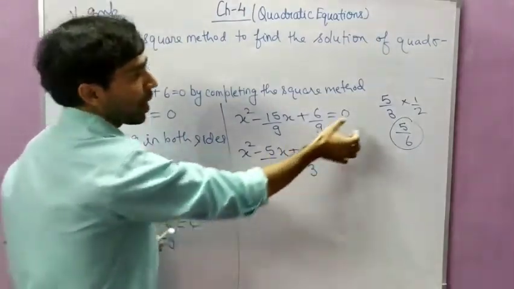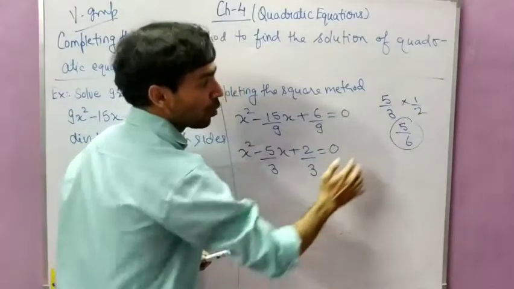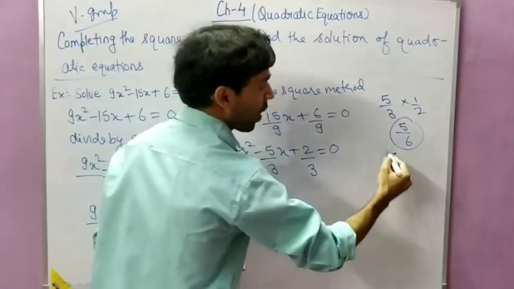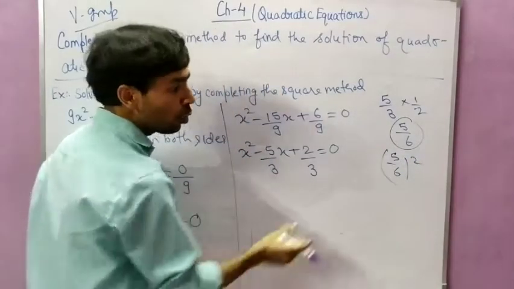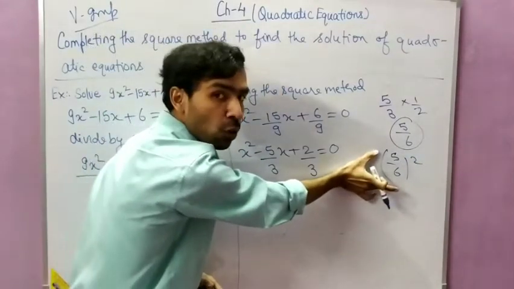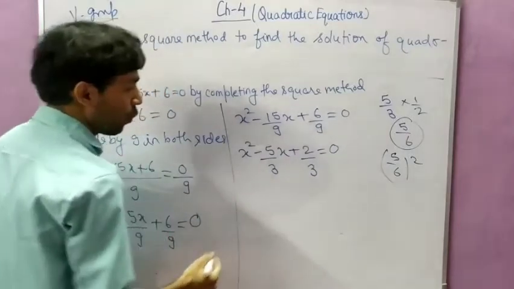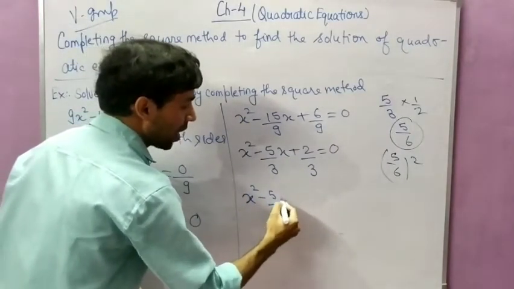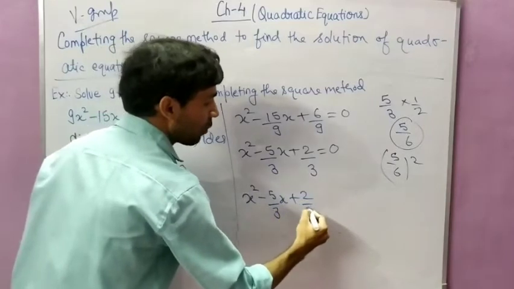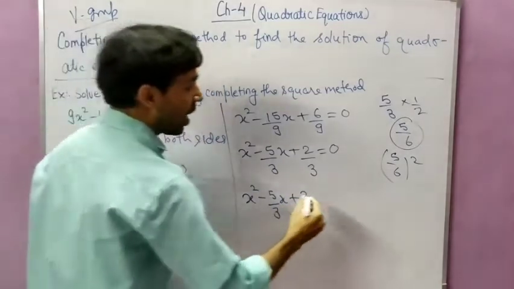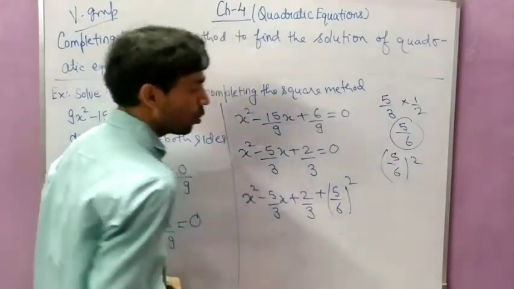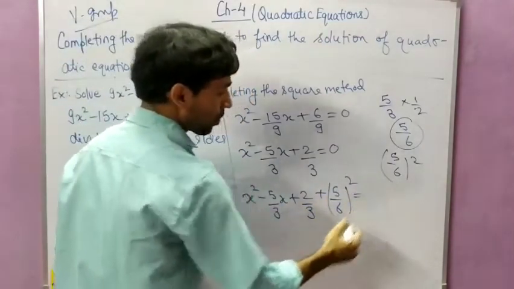So after multiplying 5 by 3 to 1 by 2, we got 5 by 6. Now take the square of 5 by 6, and add this 5 by 6 whole square to both sides. The equation x square minus 5 by 3x plus 2 by 3 was there earlier, and we add 5 by 6 whole square to the LHS and also the RHS.